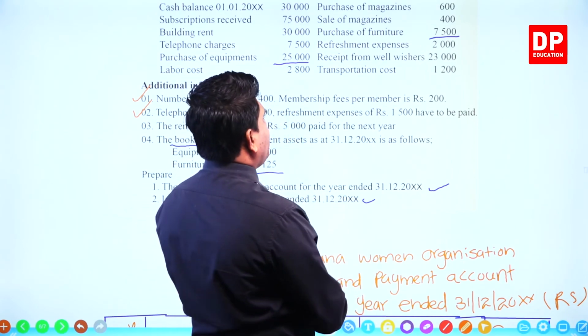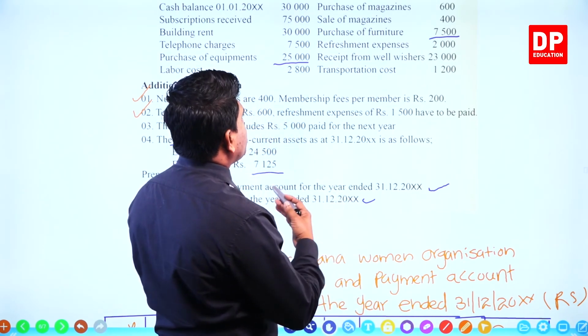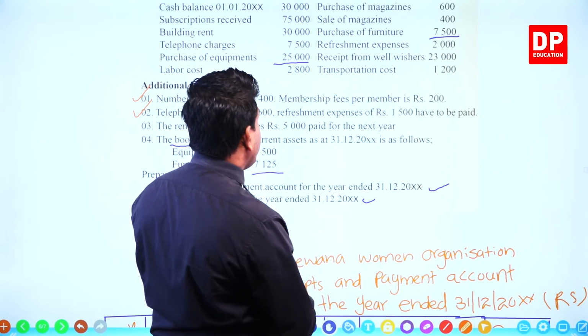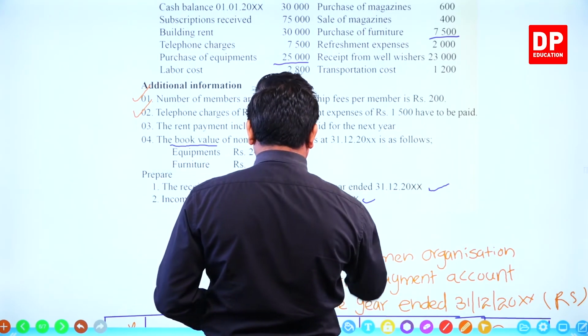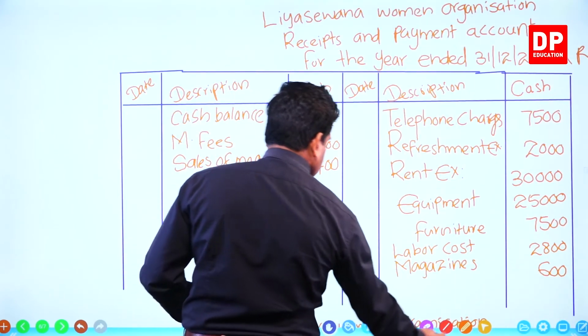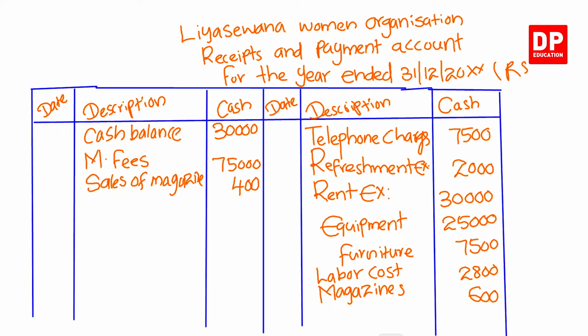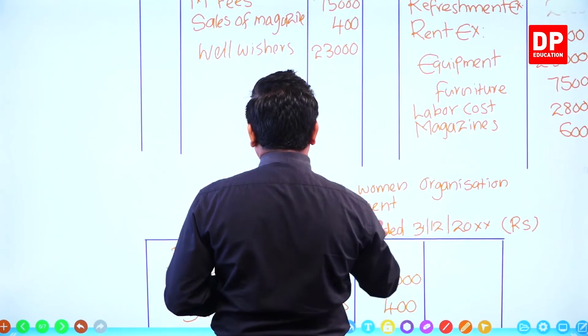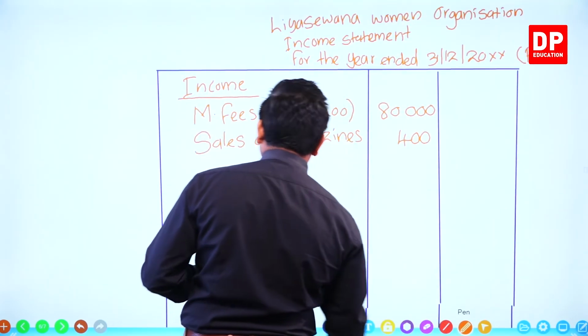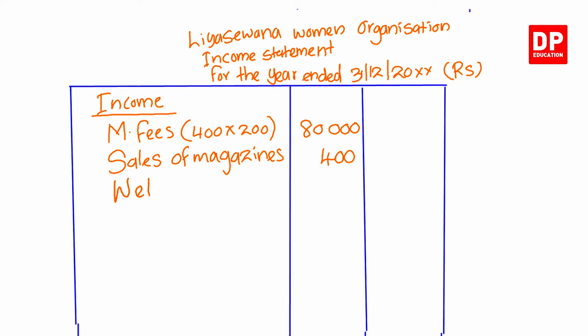Yeah, purchase of furniture we have done, refreshment done, receipts from well-wishers 23,000 income, right? Receipts from well-wishers, remember this is an income, right? This is an income, well-wishers 23,000.